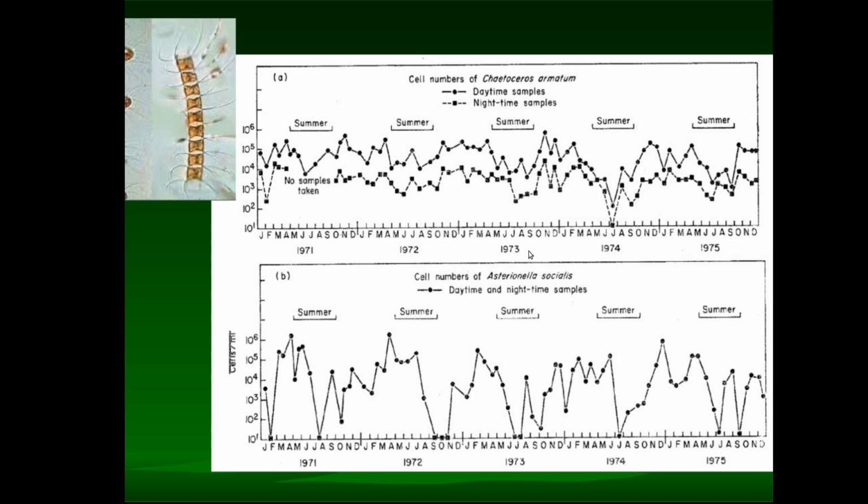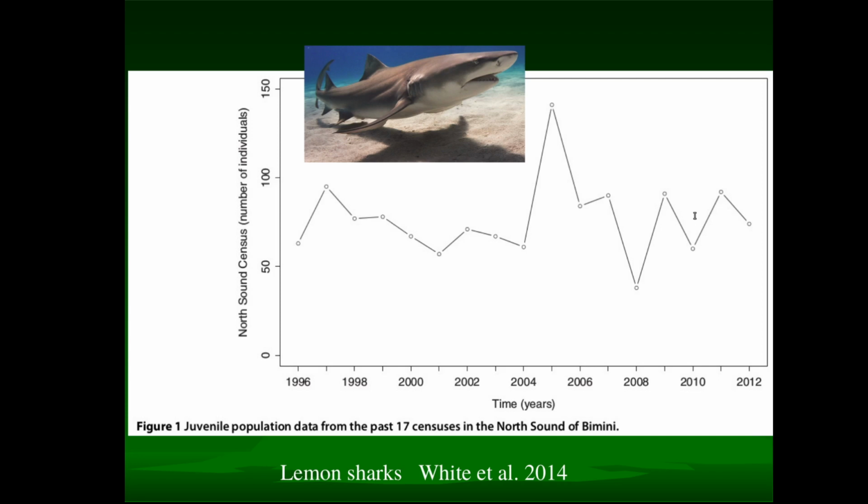That needs some explanation. Another example, population fluctuation in lemon sharks in a nursery area in Bimini. In this case, sharks were caught with a gill net, in other words, sampled, and the number caught per unit effort for the number of nets and the amount of time, that catch per unit effort, number of individuals, was plotted each year under the assumption that the catch per unit effort is a proxy variable for the total population size.